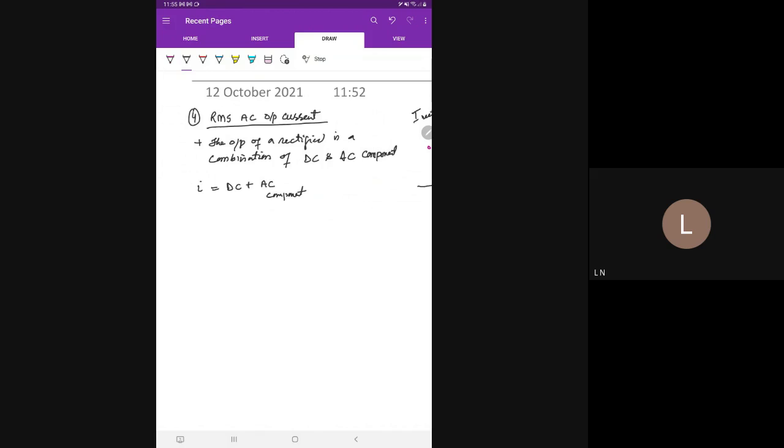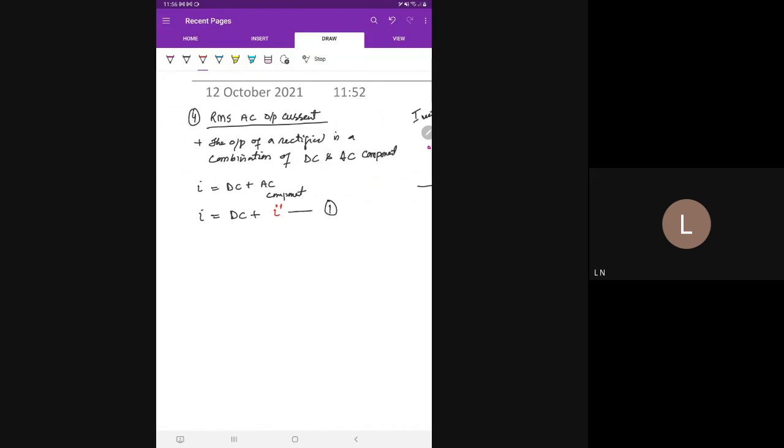And as far as AC component is concerned, we can say I is made up of IDC, and let us say that AC component of the rectified current is represented by I dash. Let's call this equation 1.